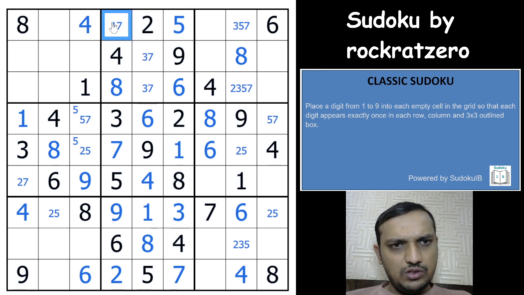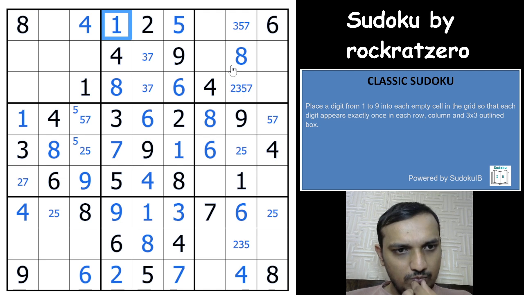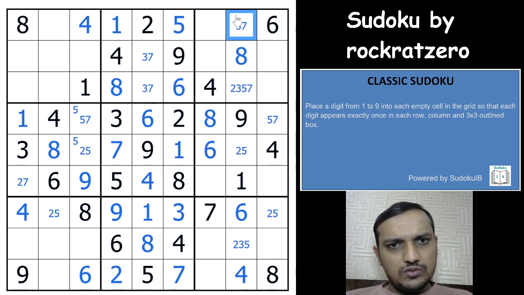Removes 1 from this cell, so this would have to be a 1. This is not a 5, this is 3, 7. 3, 7 and 9, 7. This is 3, 9 and 3, 7 and 9.